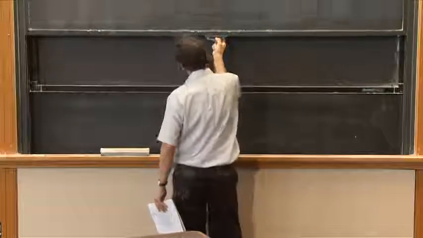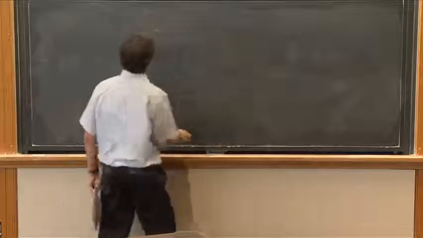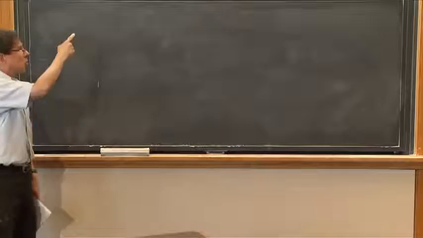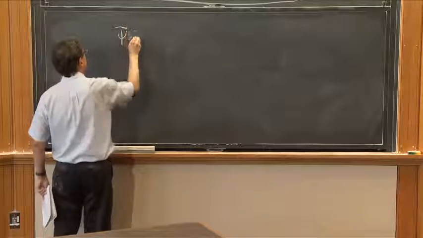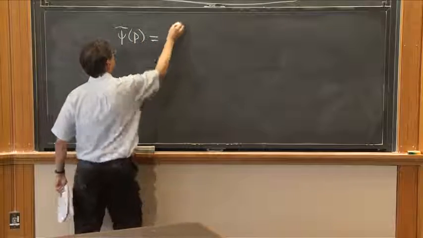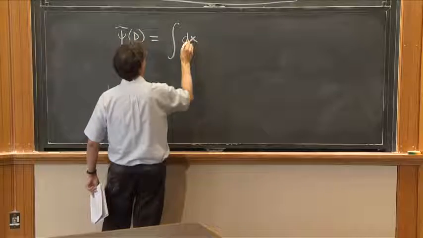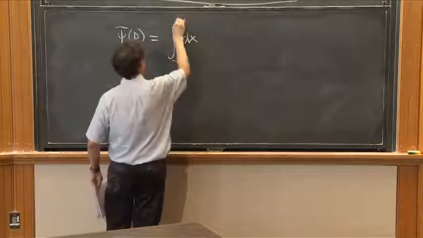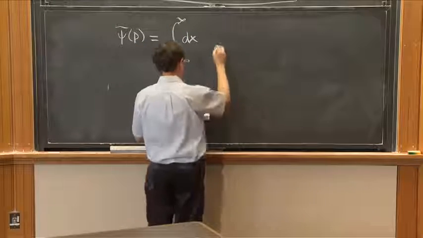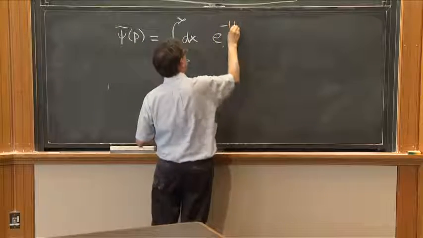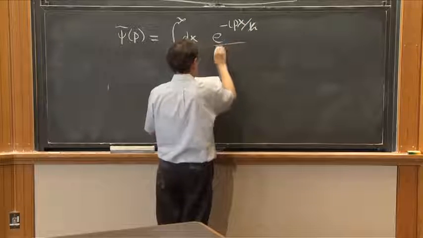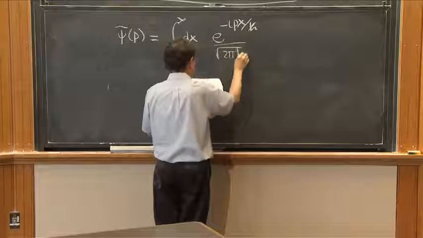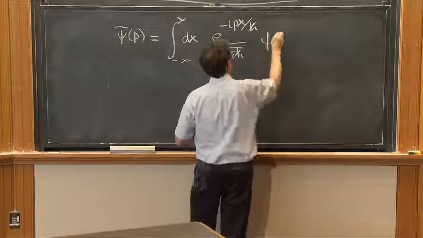And Fourier's theorem is the fact that not only can you do that, but you can invert it so that psi tilde of p can also be written as an integral, this time over x, from minus infinity to infinity, e to the minus ipx over h bar, also over square root of 2 pi h bar, psi of x.